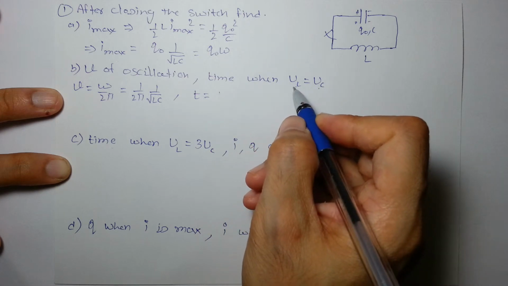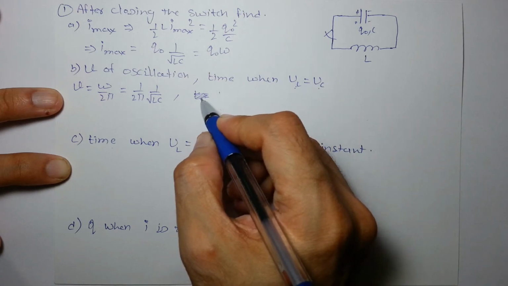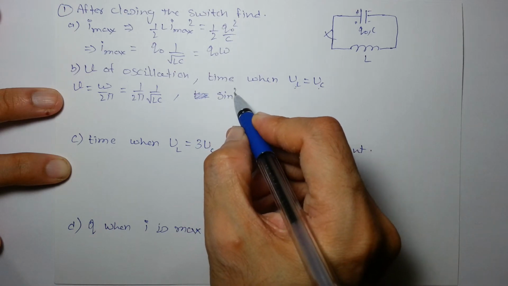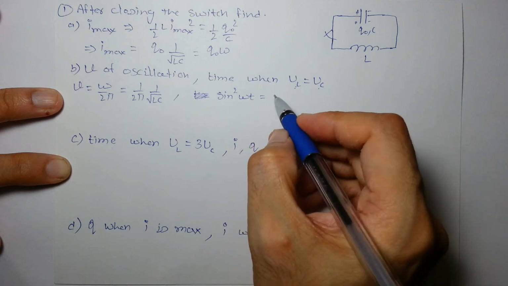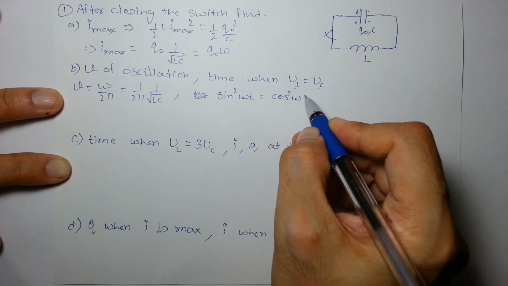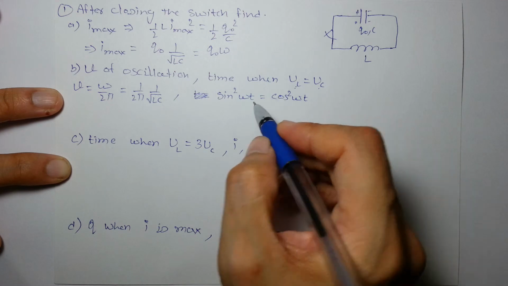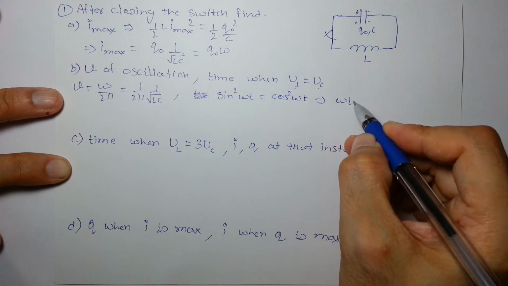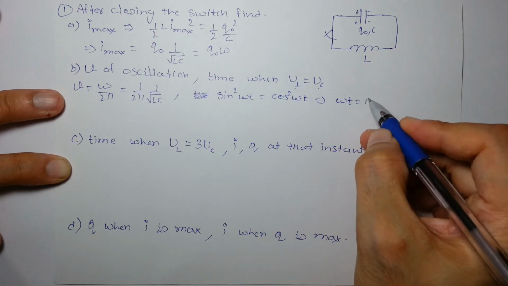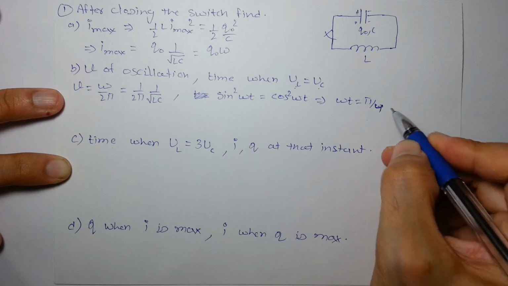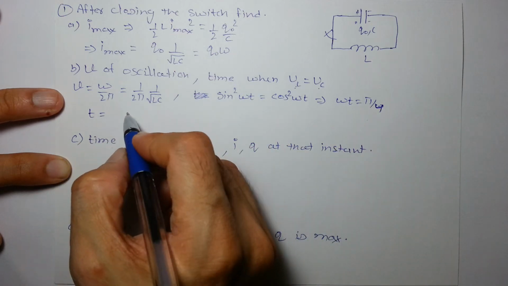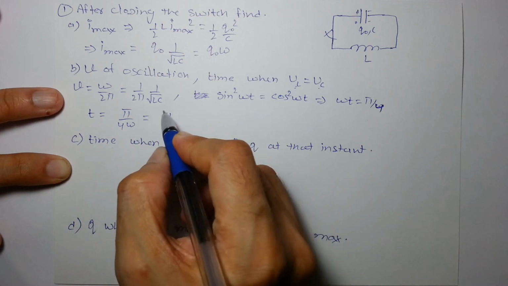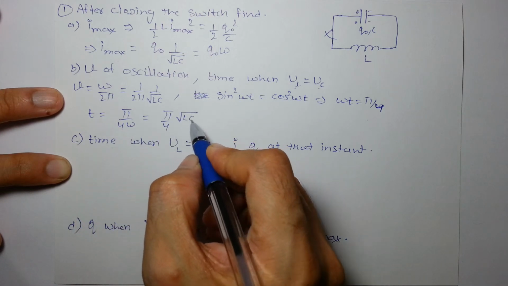You have to find the time when UL equals UC, so write down their equations. UL is sine square omega t, and UC is cos square omega t. Both have the same initial factors, so I have already cancelled them. We get omega t as, for the minimum time, pi by 4. So t is pi by 4 omega. Omega is known to us, so t is pi by 4 root LC.